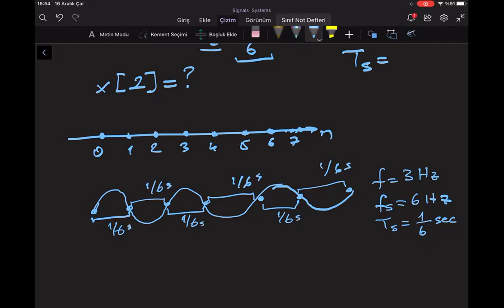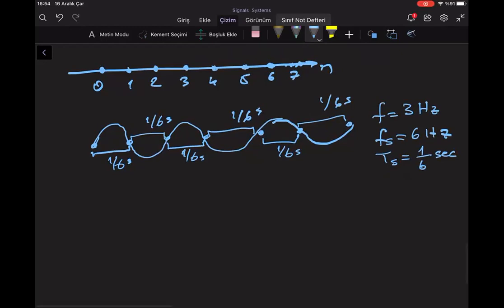If you would like to see a better representation of the continuous time signal, for example, if I would like to have such a discrete time signal. Is it a better representation?